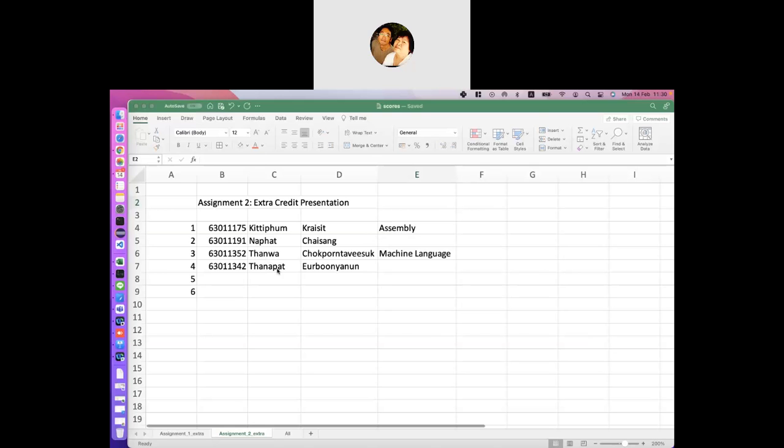And Tanwa and Thanapat present the solution on the machine language. You can talk to each other about which part you would like to present. Okay? How about that? I give you about 5 minutes. If you're ready, you can share your screen so that all your friends can see. Okay, shall we start at 11:35? How about that?